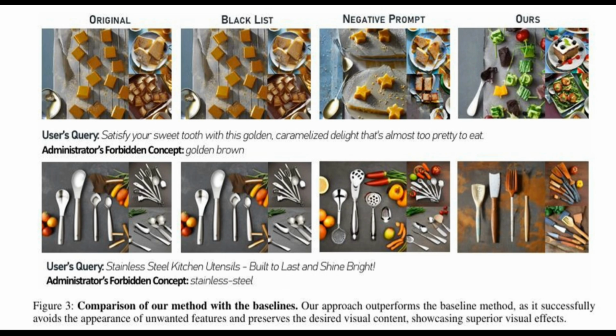One is rewriting prompts using a large language model. This ensures user inputs are modified to avoid problematic content. And next, injecting prompt based interventions into the diffusion model. So this fine tunes the image generation process to prevent unwanted outputs.